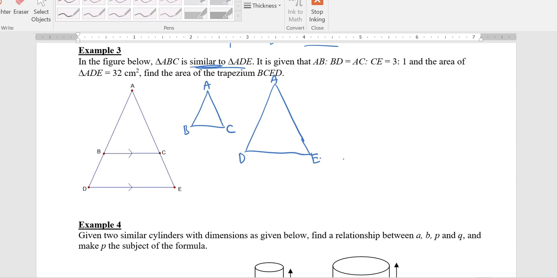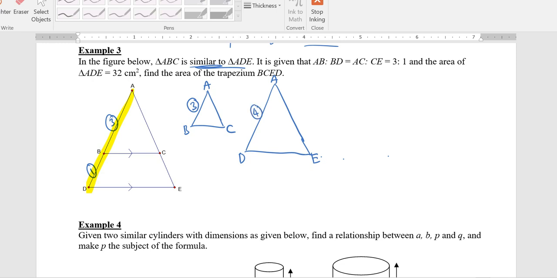It says that AB is to BD is 3:1. It means that on my separately drawn triangle, AB is 3 units and AD, the bigger side altogether, is 4 units.